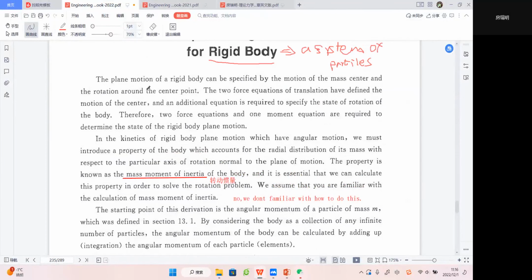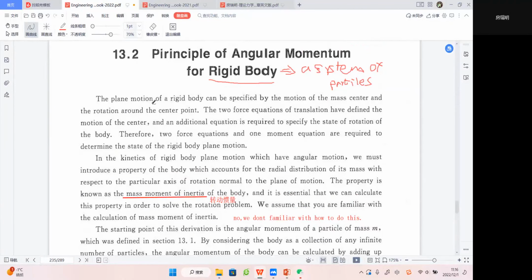The plane motion of a rigid body can be specified by the motion of mass center and the rotation around the center point. Can you guys understand the first sentence of this paragraph? It has the plane motion of rigid body. So maybe we have a plane rigid body. Let's have the name A, right? So this point C is its mass center, then we always treat the plane motion as having two components of independent motion.